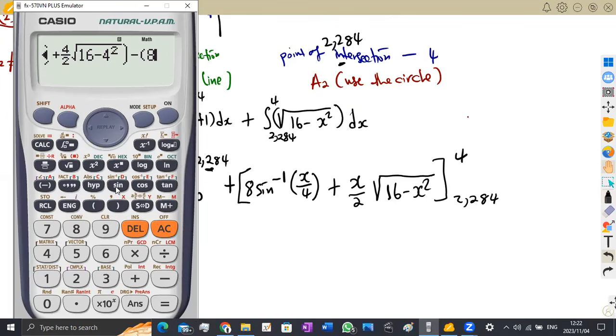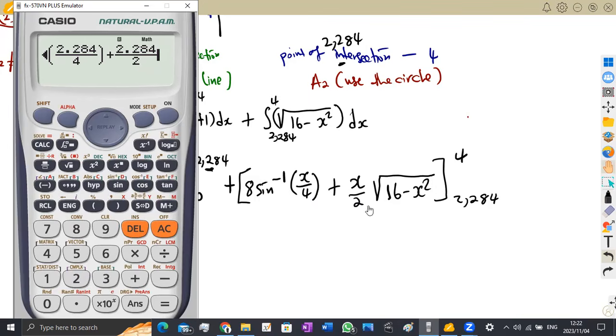So that will be 8 arc sine, which is shift sine in this case. So that's x, which is 2,284 over 4 in this case. All right, so that's over 4. All right, then this is plus x over 2, so it's going to be plus x, which is 2,284 over 2 in this case.